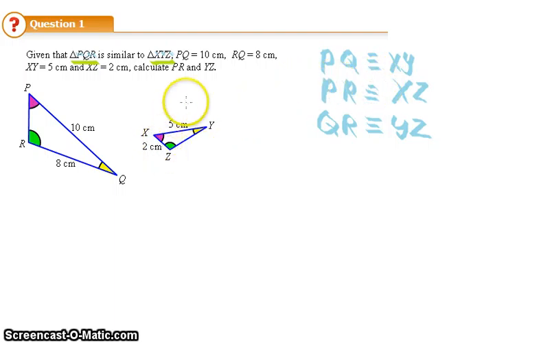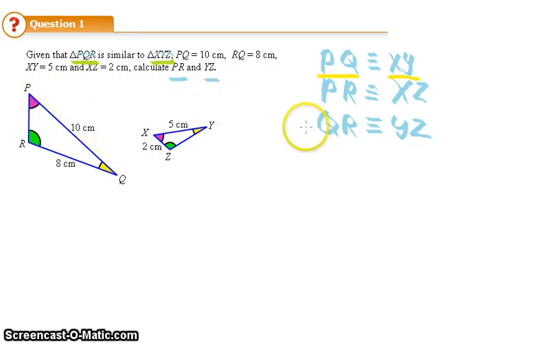Then I look at here. The question wants me to find out what's PR, what's YZ. But we need to find the similar lengths first. When I look at this line PQ, where does this line correspond to in this small figure here? Since I've taken a note here, PQ is the same as XY. So XY here is the same as PQ here.